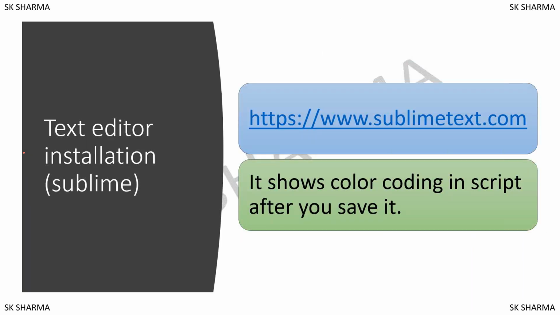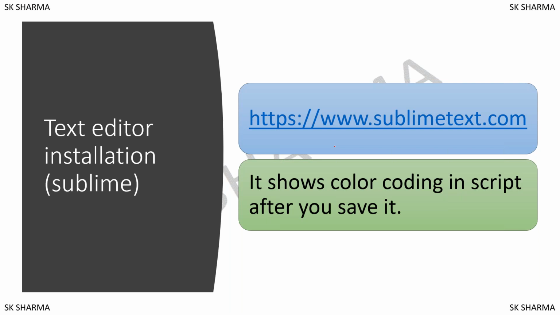Now we can use the text editor, which means you have to write the code and everything is on a black screen. This is actually a free version, so you can use it for all the programs. If in the future you want to write a program in some other language, you can use this for that purpose also.